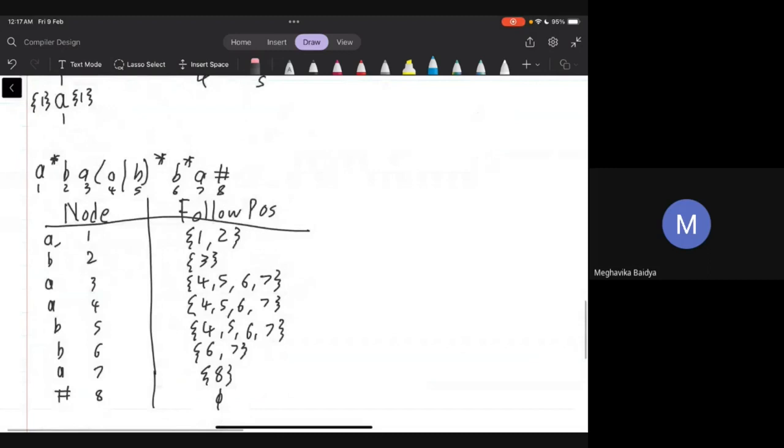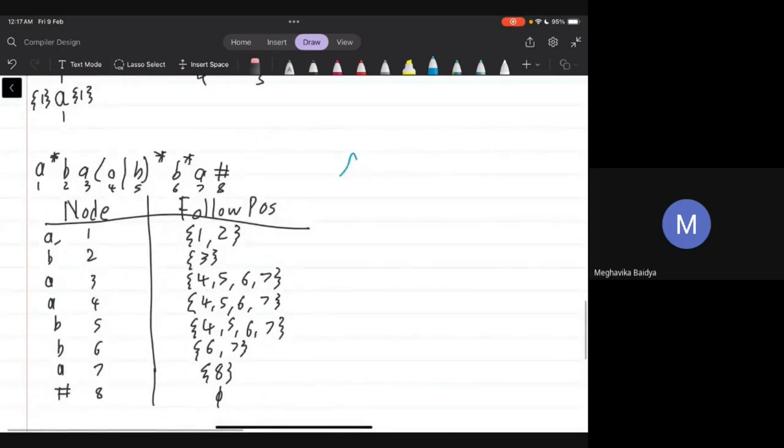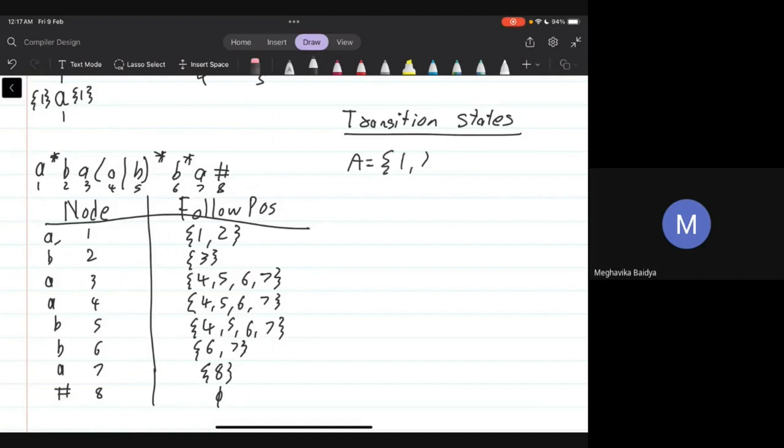Now you come down here. You'll do the transition states. I have a question. Why did you write it as A? Because that's the starting state. We go with A, B, C, D, E capital. Now we know A is the starting state, which is 1 comma 2.